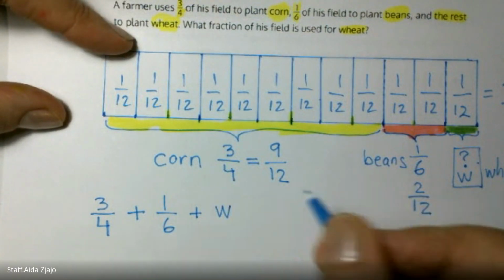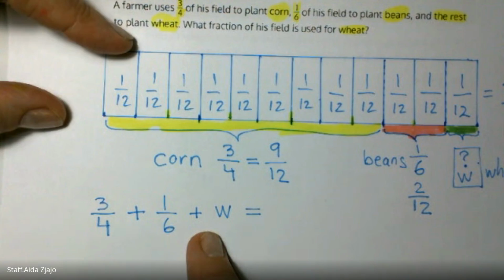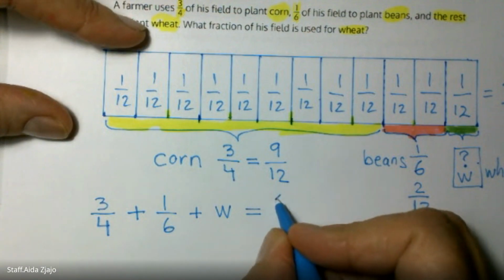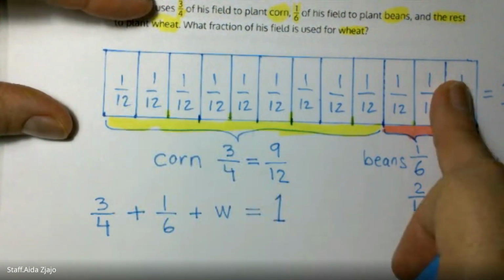The rest is W. We don't know, but when we add them all up, they have to equal one whole field.